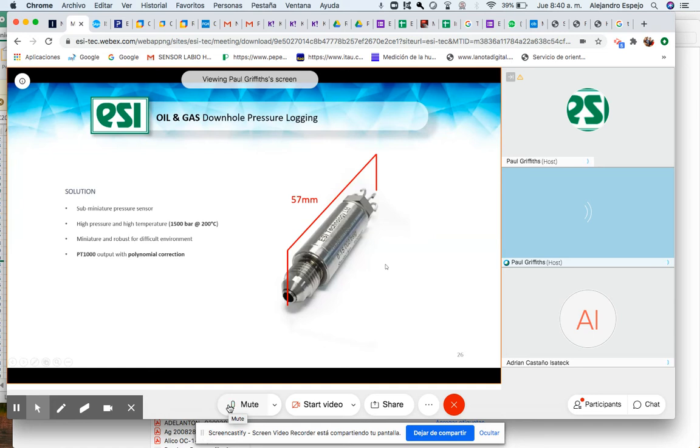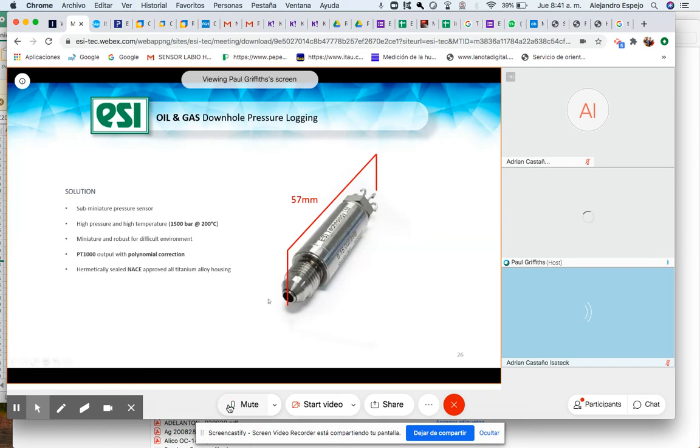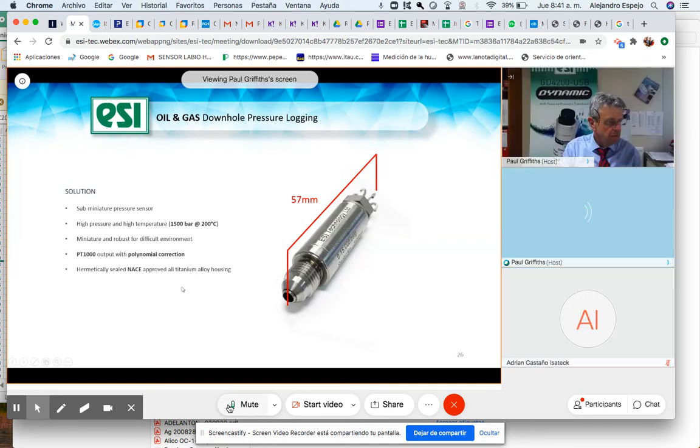Did I lose you again? Yeah, just in the last 30 seconds when you commented on the polynomial correction. So that's the complicated formula, but we provide data that you can key into your equipment to make that correction.